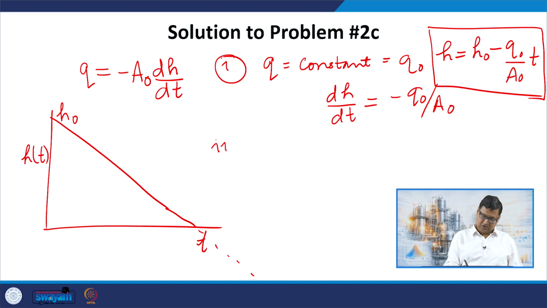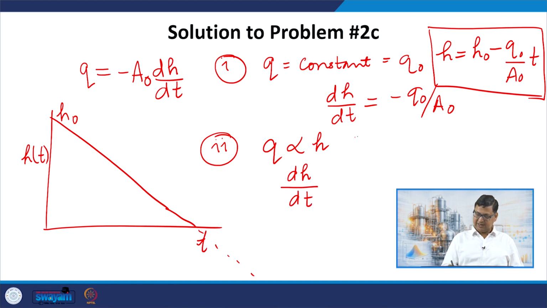So, now let us look at the second case, Q proportional to h. In that case we will have dh by dt, where I can say Q is some k times h. If I plug it in there, I will have minus k by A naught h.